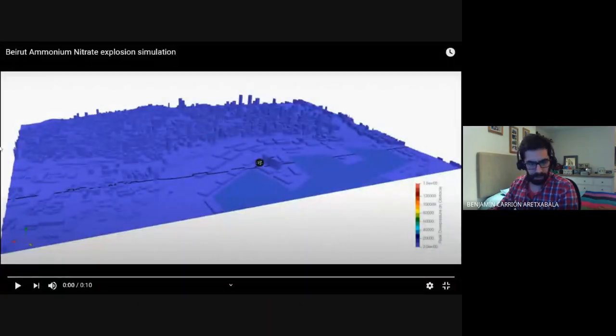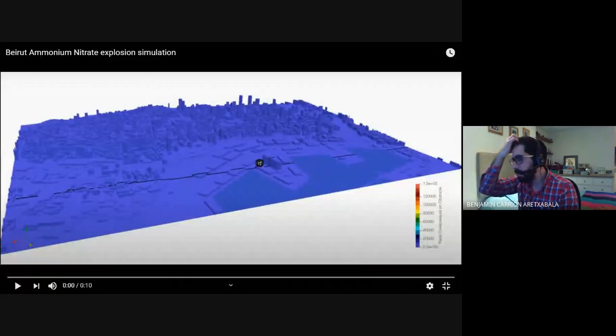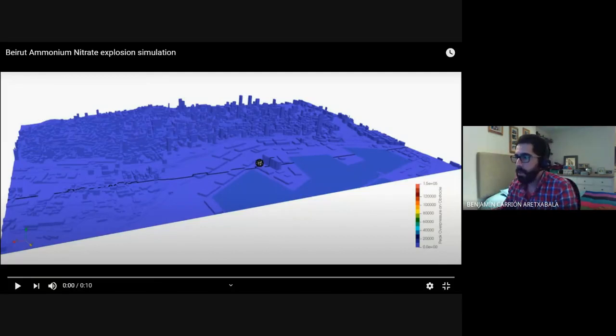Probably you've heard about there is one area of hydraulics which is called computational fluid dynamics, in which you can model the fluid with all these properties, and in particular you're modeling the pressure. And again, the explosion here in Beirut, you can model it as a sudden increase in pressure, right?